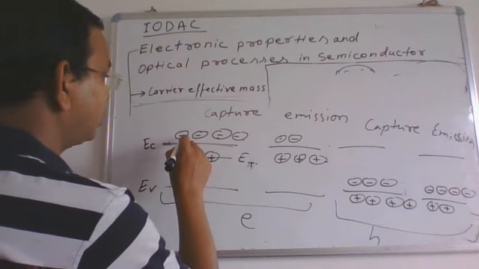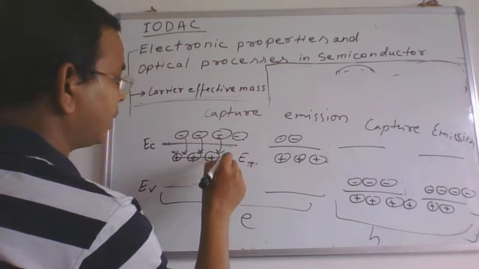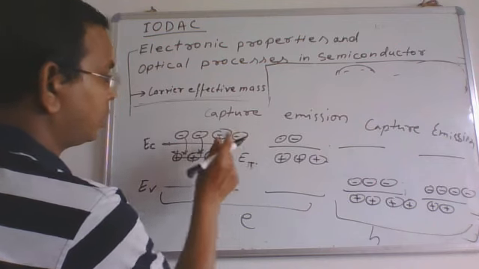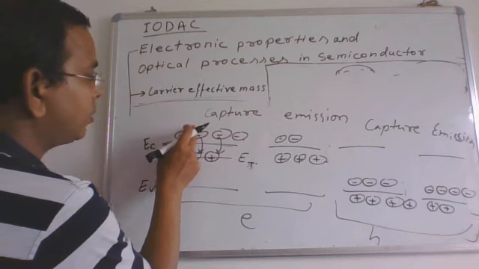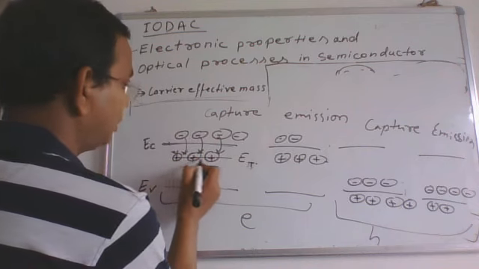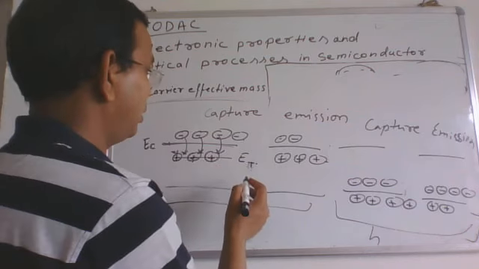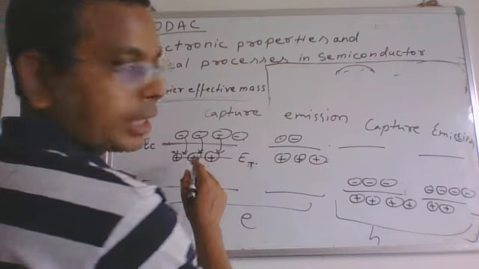So some electrons will be captured by these impurity ions. So this is called the electron capture. Some of the electrons from the conduction band will be transferred to the impurity ions. This is called the electron capture.